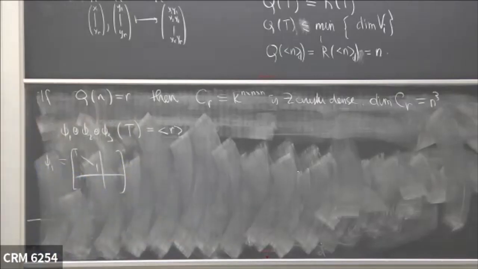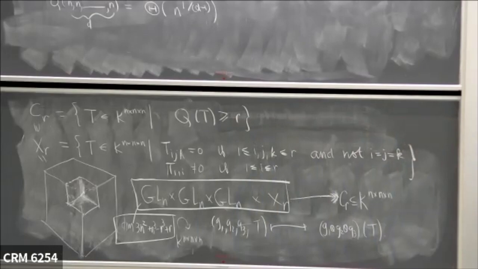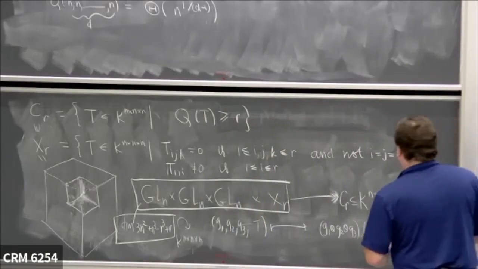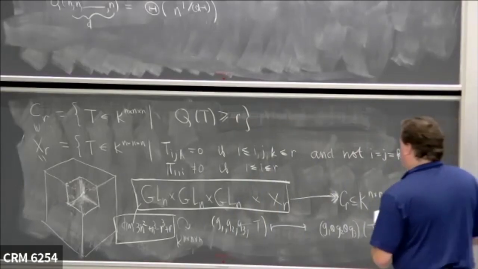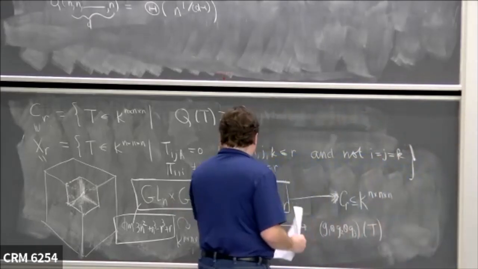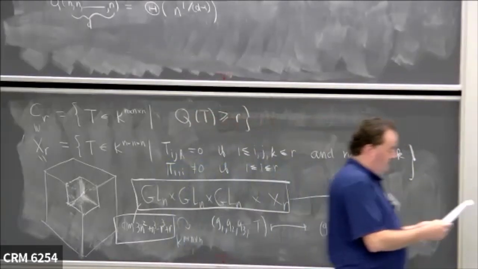So the dimension of this is 3n squared, that's these three together, plus n cubed. But then I subtracted r cubed and then added the diagonal. And then we have to look at the dimension of the fiber of this map.